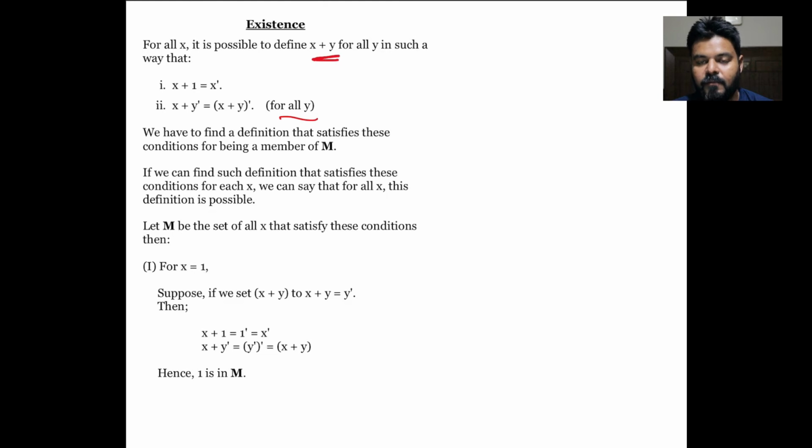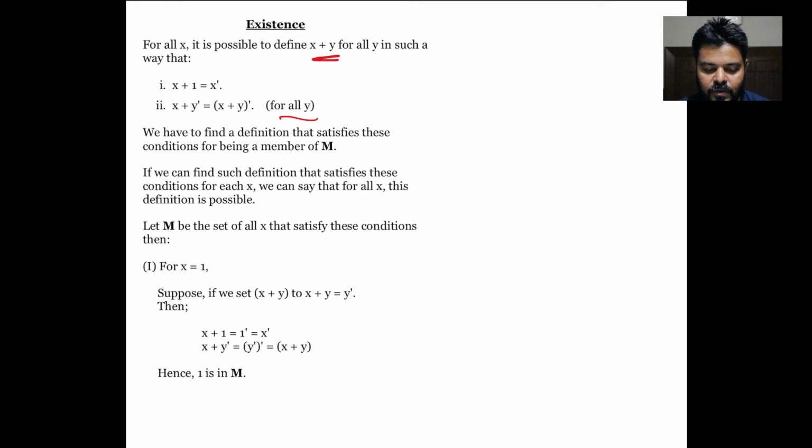And we will again use induction to show that this holds. So we have to find a definition that satisfies these conditions for being a member of a set M. And if we can find such a definition that satisfies these conditions for each x, we can say that for all x this definition is possible, and hence we would have proved the existence.